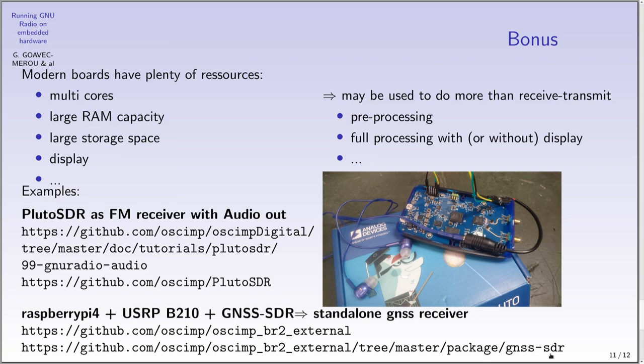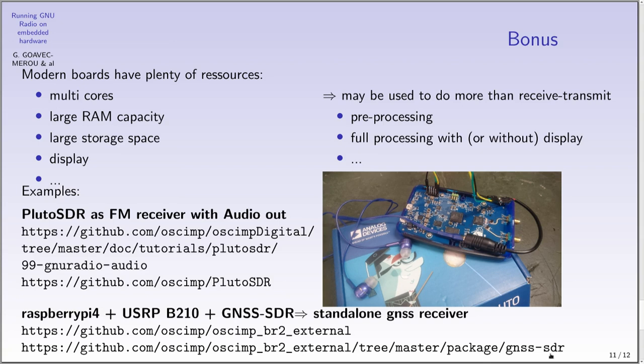Large RAM capacity. It's usual to see boards with 2, 3, 4 gigabytes of RAM. Large storage, eMMC or SD card has plenty of resources. It's possible to connect a display, etc.